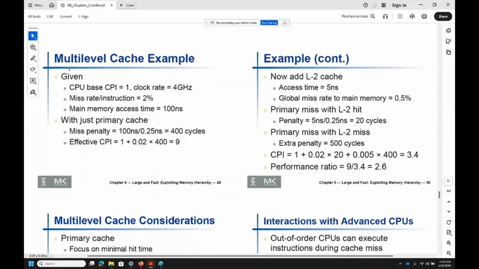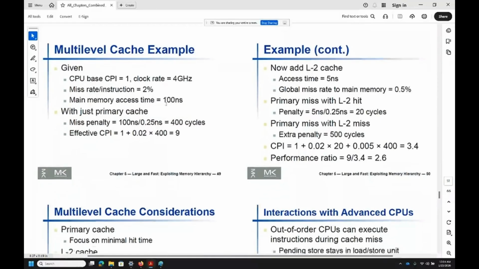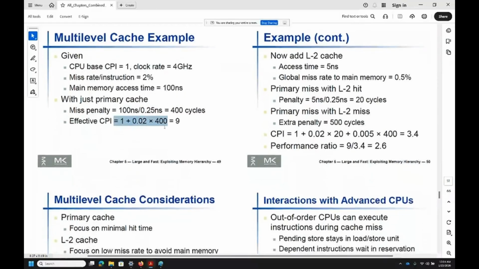Here they've given an example. The clock rate is 4 gigahertz, one cycle per instruction, and the miss rate is 2%. With just the primary cache, your CPI is 9. Now, if you add in a level 2 cache, which has a higher access time, it's slower, but the global miss rate is lower.